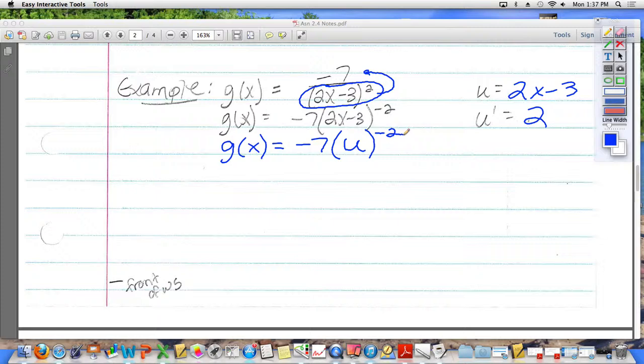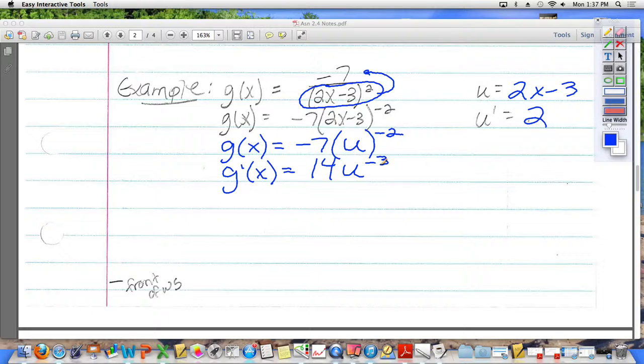Now I just need to apply my chain rule. And the chain rule says that you find the derivative of g of x. What's the derivative of negative 7u to the negative 2 power? 14u to the negative 3 power, right? Negative 2 minus 1.